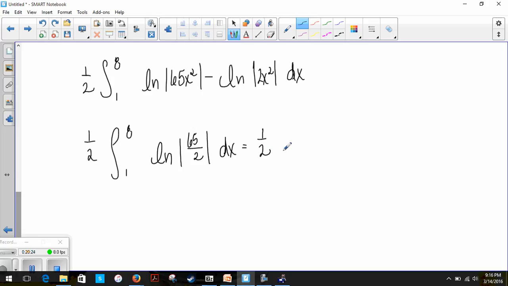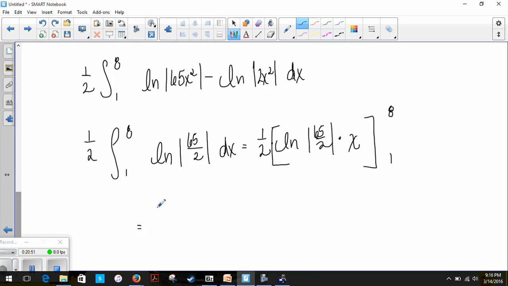So 1/2 ln, where do I want to put that x? 65 over 2 times x, from 1 to 8. Like this.